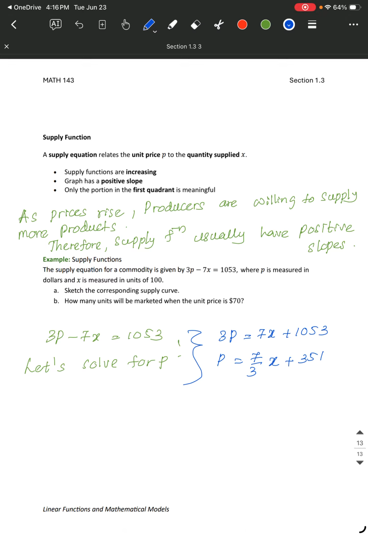Notice that the slope is positive, therefore this is a supply function.